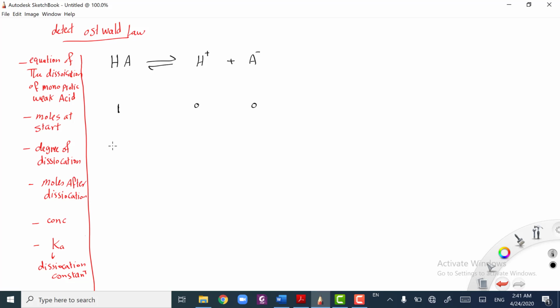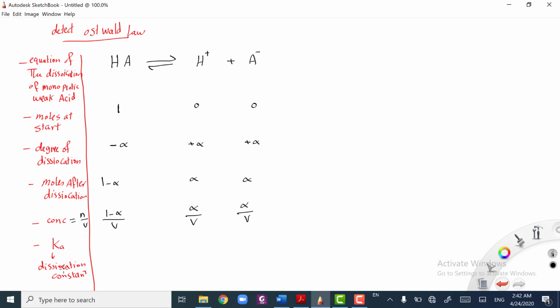The degree of dissociation: the acid decreases by alpha, and the ions increase by alpha. The moles after dissociation will be 1 minus alpha, alpha and alpha. Concentration equals number of moles over the volume, so it is (1 minus alpha) over V, alpha over V, and alpha over V.